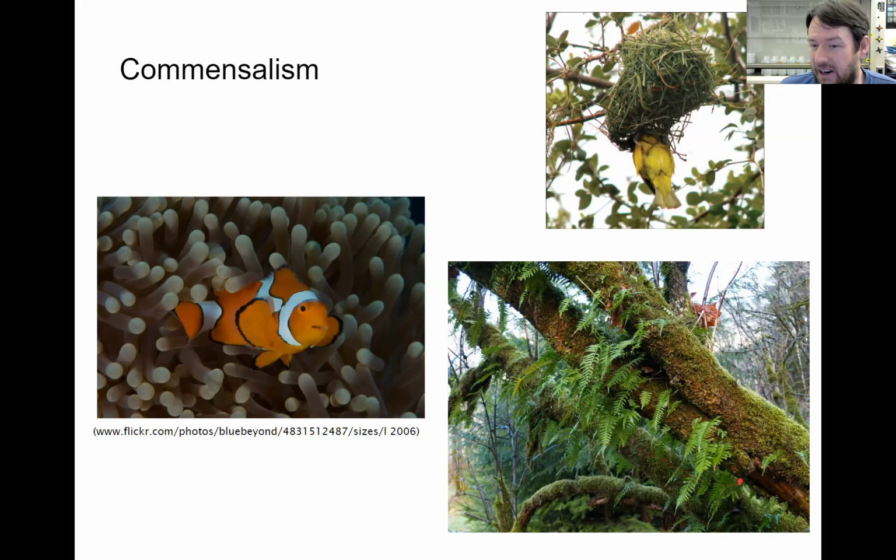Some other examples are mosses and lichens and ferns that, again, if they can colonize a tree trunk or a branch, that's going to be very advantageous for them, but then the tree really isn't helped or harmed. It's not really taken away from that tree's ability to live.